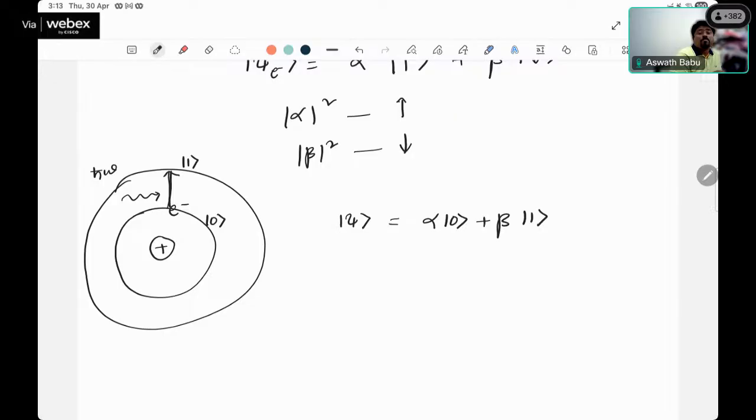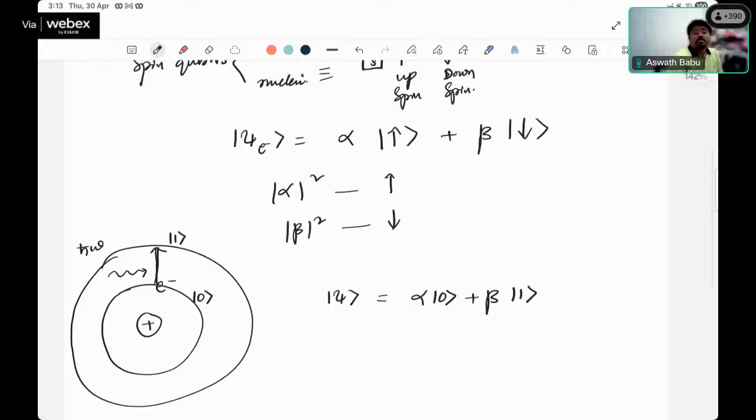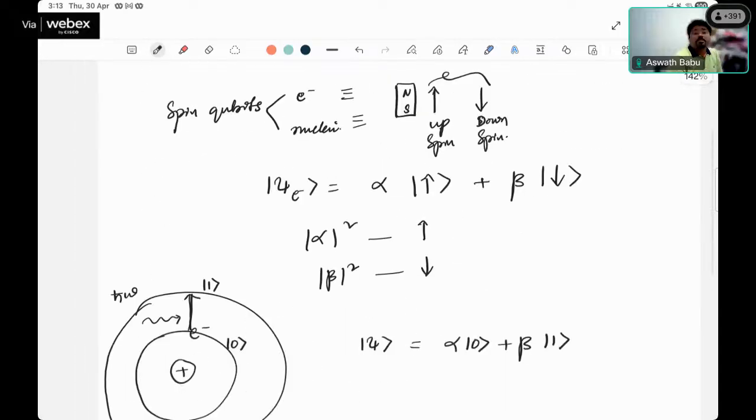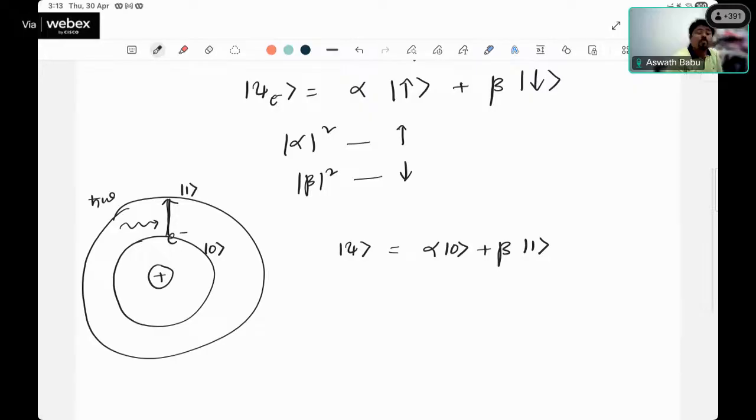When I make a measurement, I would see the electron exist in the excited state only a certain amount of the time. Out of 100 times I incident a photon, the electron would go and live there, but sometimes may not, because it's all probabilistic in nature. It is no longer deterministic because it's quantum. Quantum means such ambiguity is there.